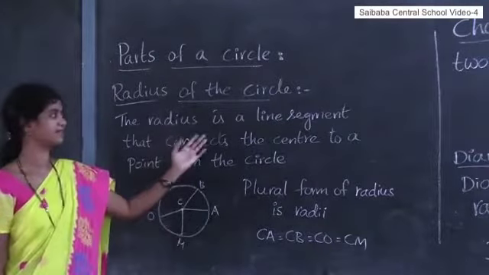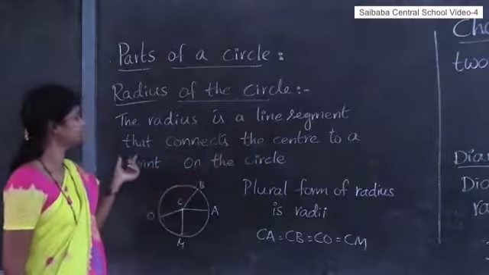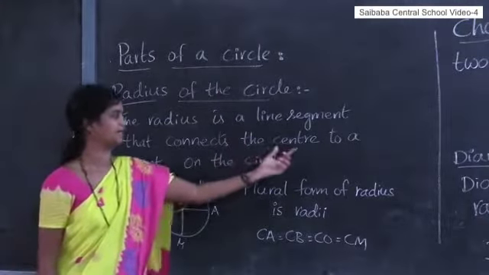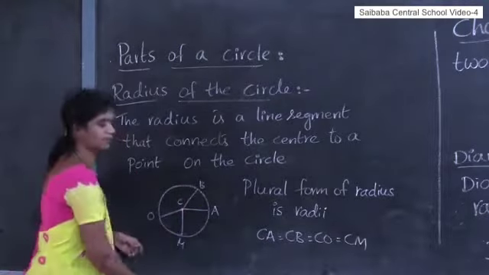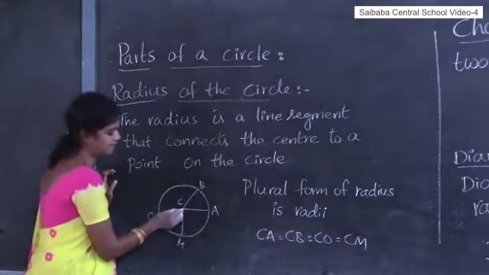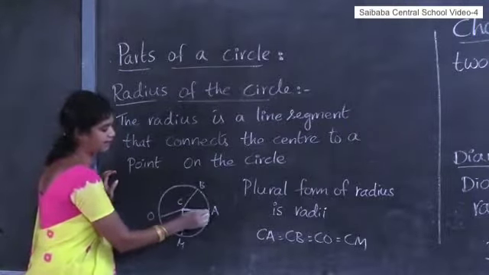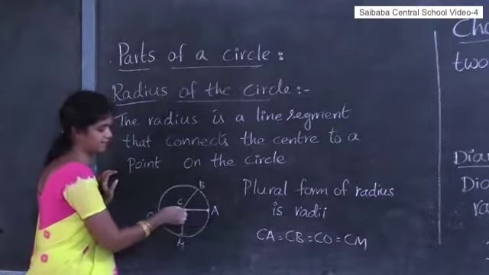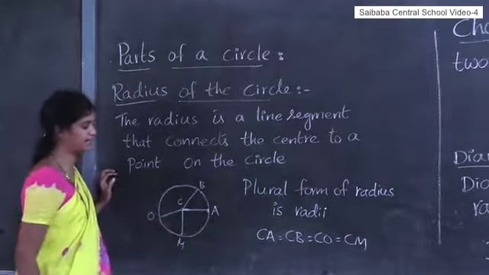Radius of the circle. The radius is a line segment that connects the center to a point on the circle. So here CA is the radius.